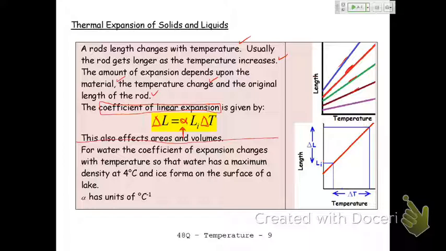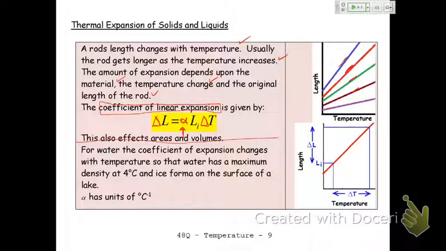For water, the coefficient of expansion changes with temperature. As you go colder and colder, water should get less and less volume, which means denser and denser. Yeah? It's the opposite, right?